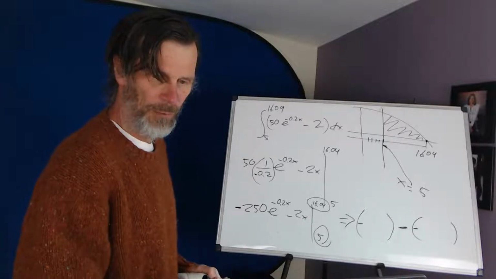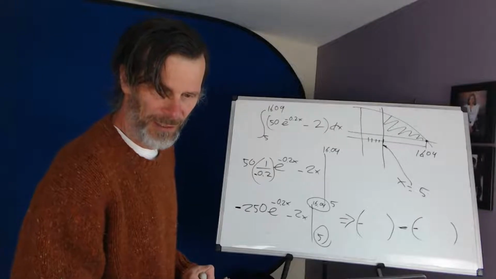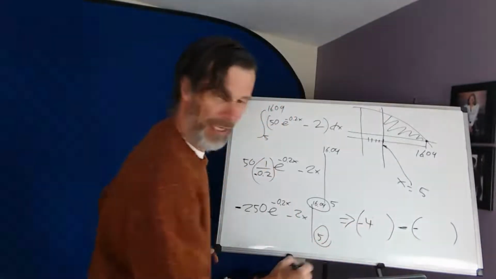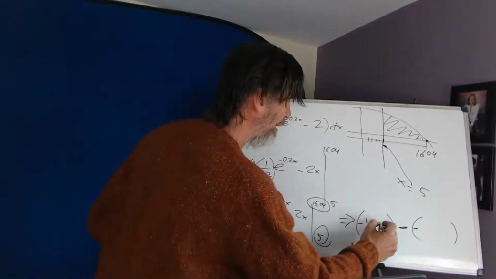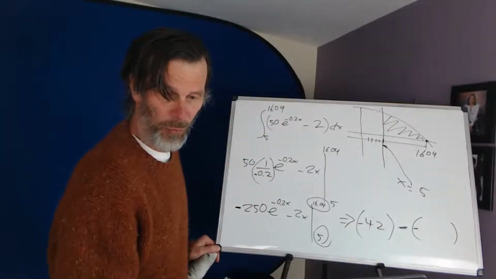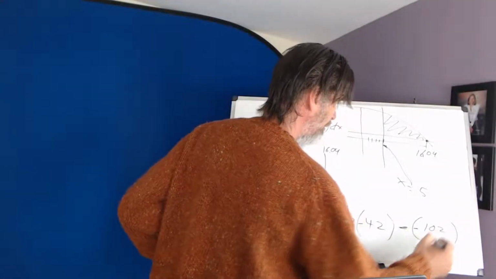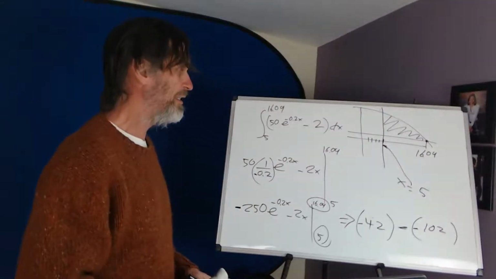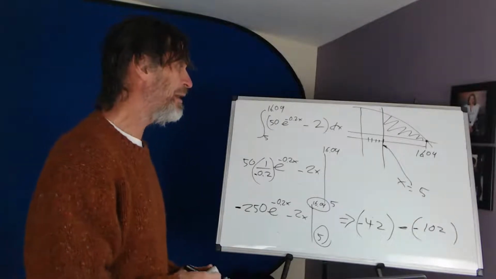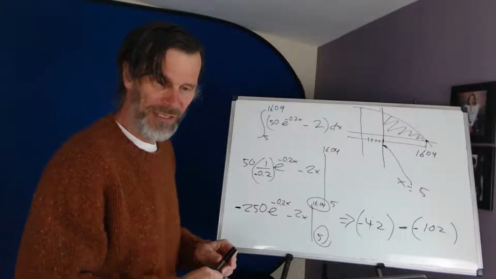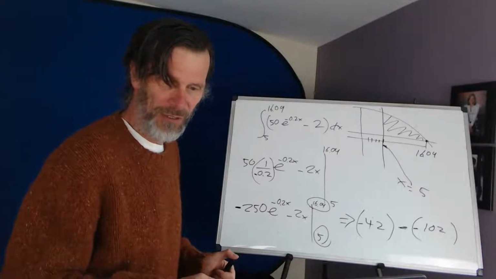Okay, negative 101.96. Good. And negative 42. Okay. So negative 42 there, and then 102 there, I guess. So 42 looks like that's about 80? No, about 60, yeah. So negative 42 plus 102 is right around 60 for the area between those curves. Thank you both.